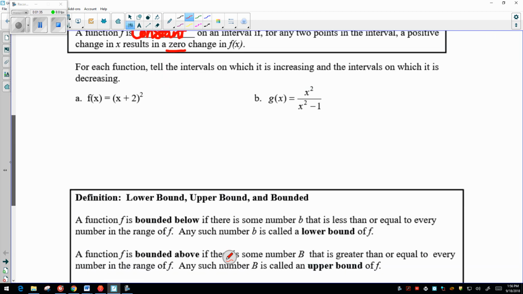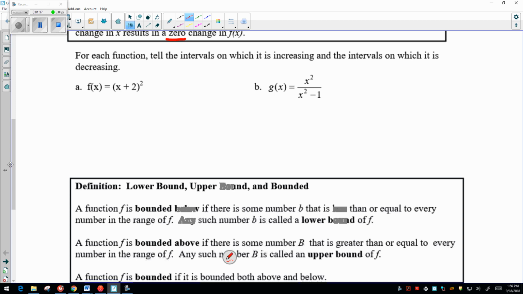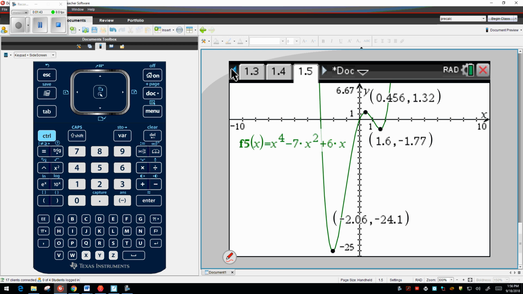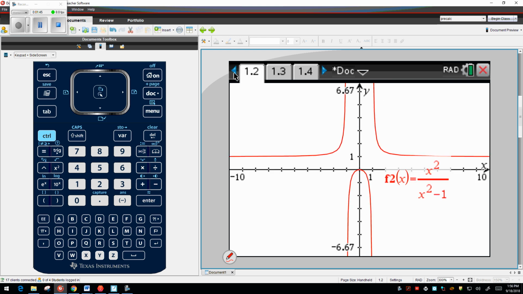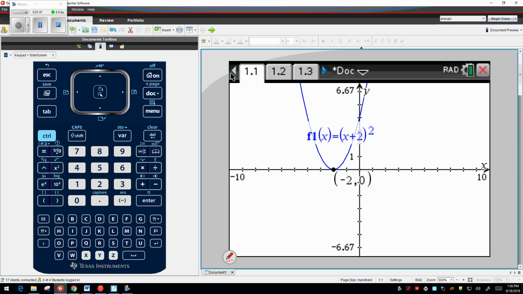So we're going to graph these, and for each function, we're going to tell the intervals on which it is increasing and which it is decreasing. So if we look at the calculator, here's our graph, x plus 2 quantity squared.